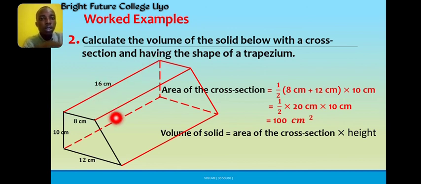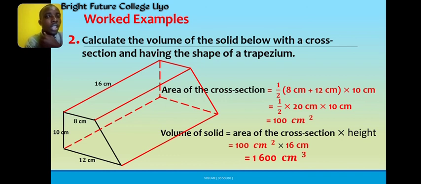When this lies on this face, this will be the top part, and this will be the height. So that would be 100 centimeters square times 16 centimeter. 16 centimeter is this. So when you compute that, your answer is 1,600 centimeter cube. Make sure you put your unit, and that is the volume of this solid, which is also a prism.